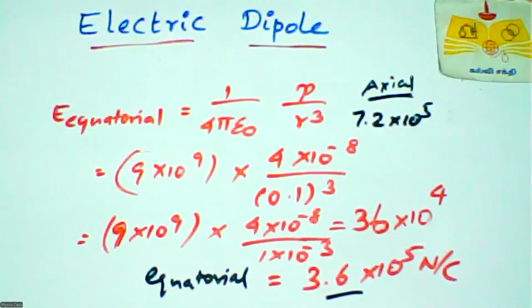Okay, students, thank you. So the key difference is a factor of 2 and the direction of the electric field. For the axial line, it is along the dipole moment vector. For the equatorial line, it is opposite to the dipole moment vector. Very good.